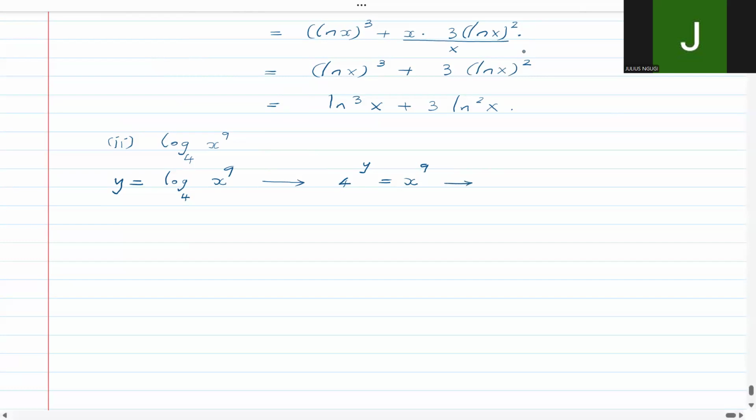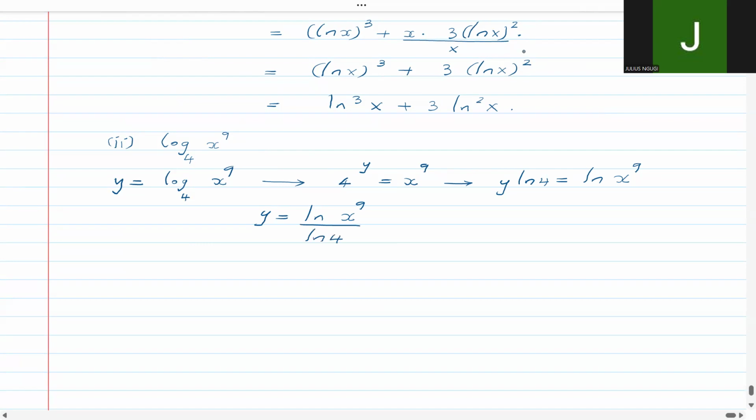So we have y ln 4 equals ln of x to the power of 9. Not natural log of 9 to the x, but natural log of x to the power of 9. So to be left with y on one side, y equals ln of x to the 9, divided by natural log of 4, which is a constant.